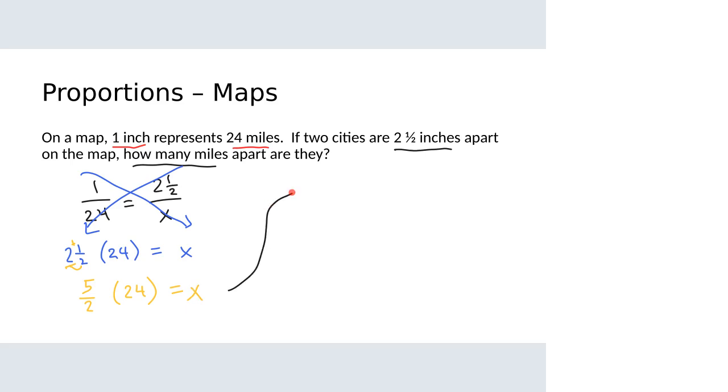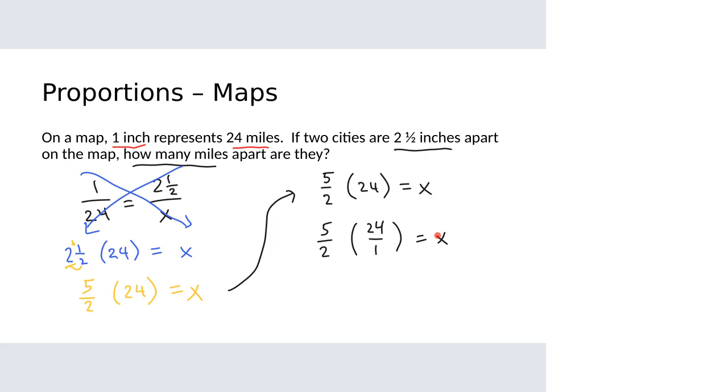Of course, now I have this 5/2 that I want to multiply by 24. It'd be great if I could write 24 as a fraction also. So that's 5/2 times 24 over 1. And now I can multiply. When we multiply fractions, we just multiply numerators, multiply denominators.